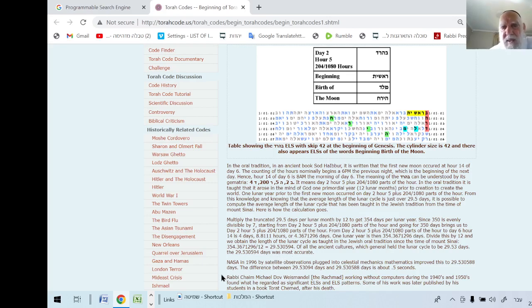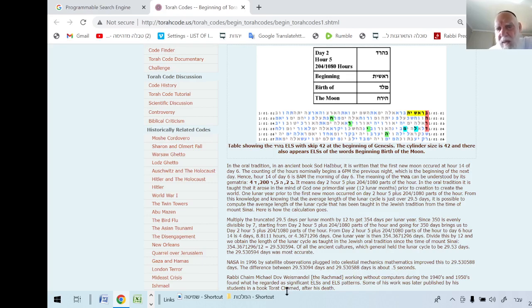NASA, in 1996, by satellite observation plugged into celestial mechanics and mathematics, improved this to 29.530588 days. The difference between what the Jewish people knew a long time ago, 29.530594 days, and 29.530588 days is about 0.5 seconds.